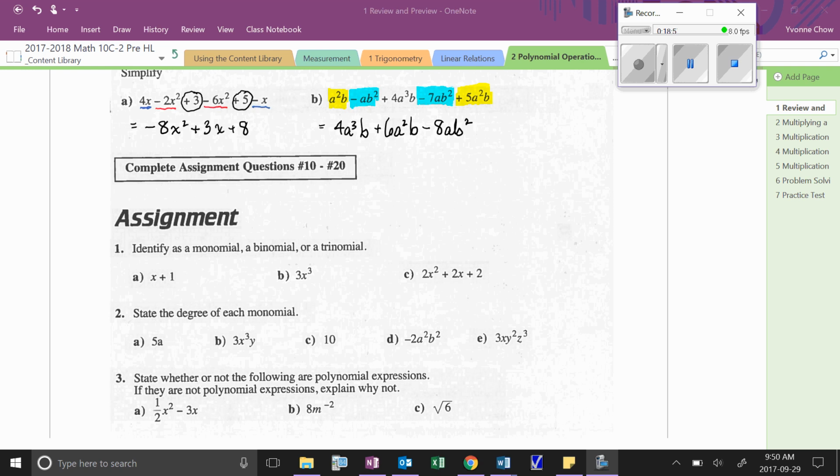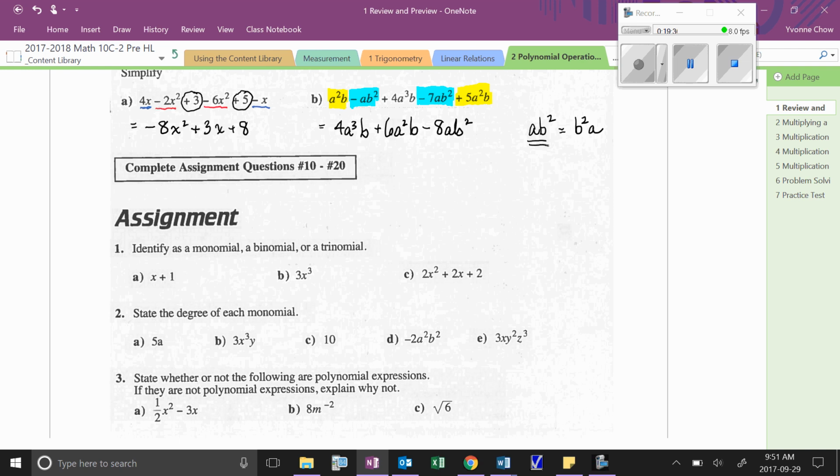For B, I've chosen A alphabetically and looked at then A cubed, A squared, and A, but again, combination of the like terms, and of course recognize that AB squared is going to be the same as B squared A. Ideally, you're looking at it in alphabetical order, but occasionally we might mix it up on you, and so just be mindful of that and just rewrite it as AB squared so it's easier for you to identify your like terms.